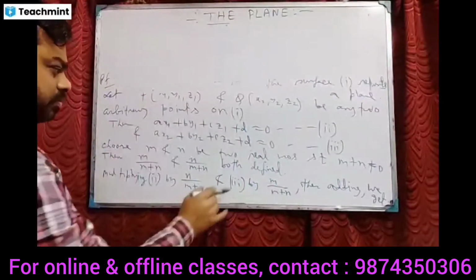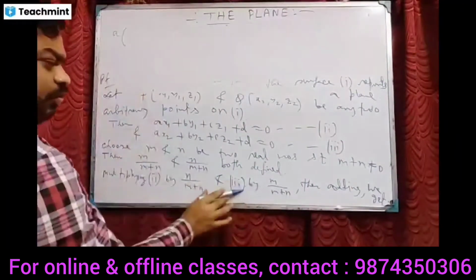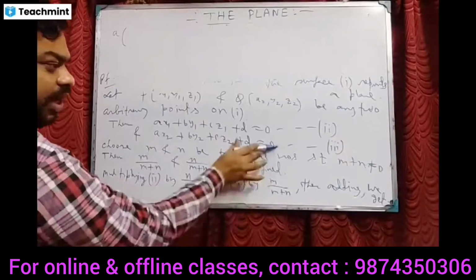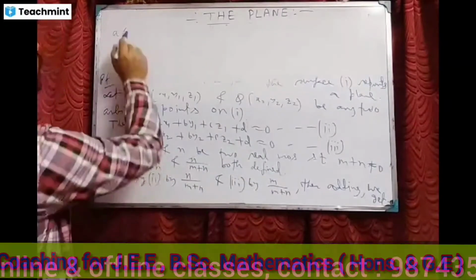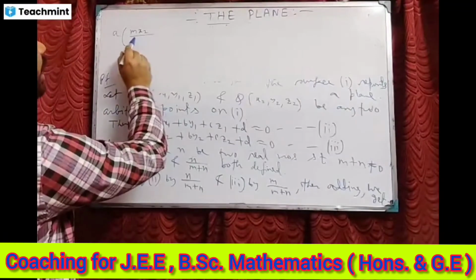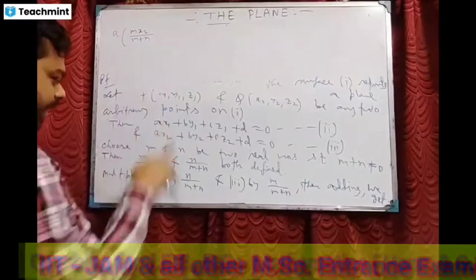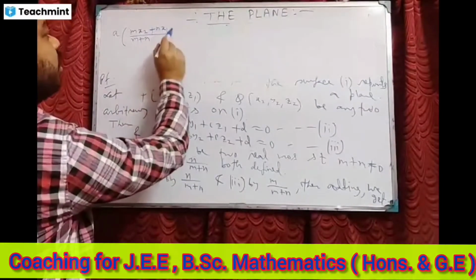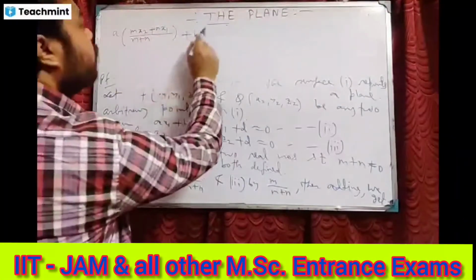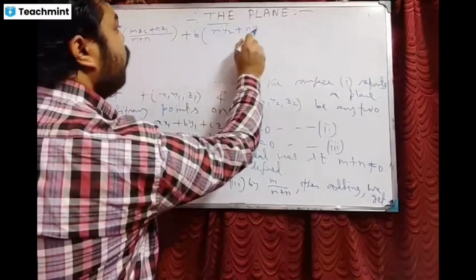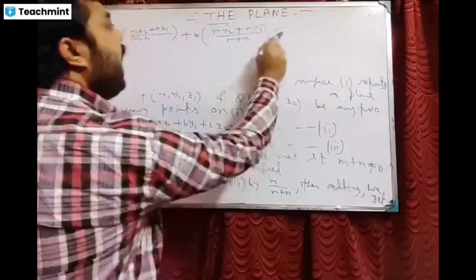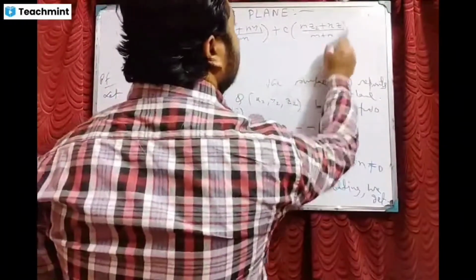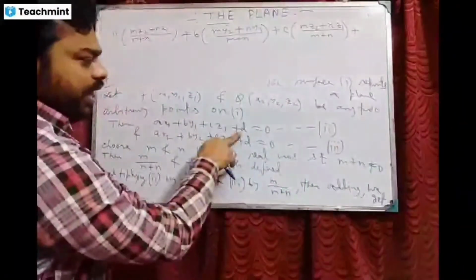A times (m x2)/(m+n) and here A times (n x1)/(m+n), so A times (m x2 + n x1)/(m+n), plus B times (m y2 + n y1)/(m+n), plus C times (m z2 + n z1)/(m+n), plus you take D common.